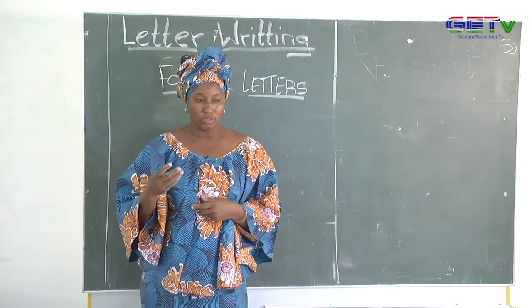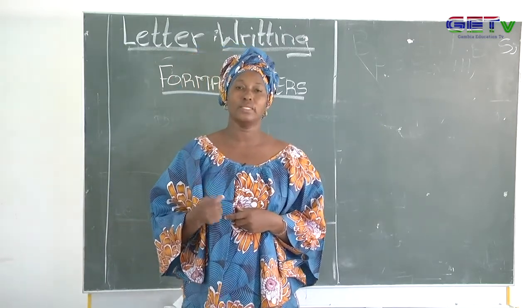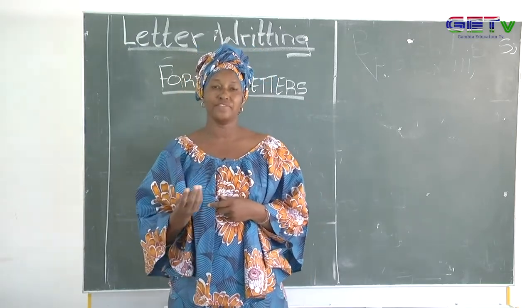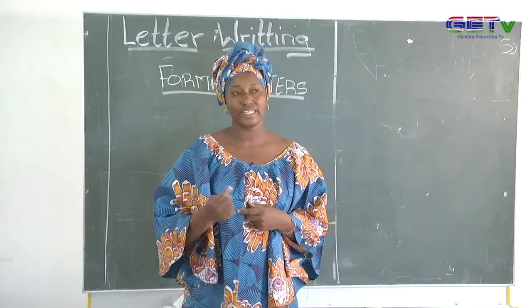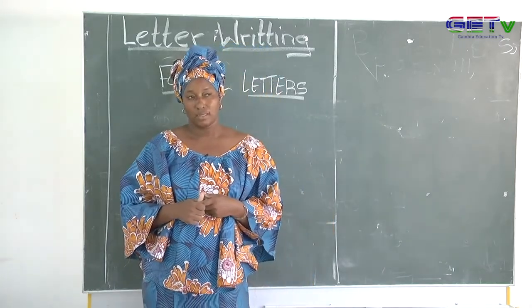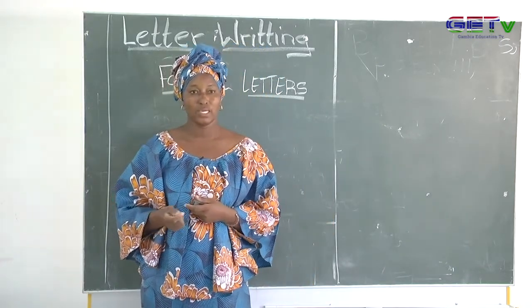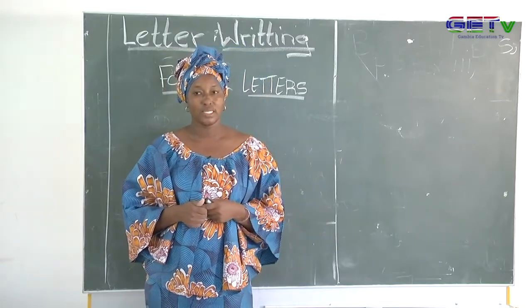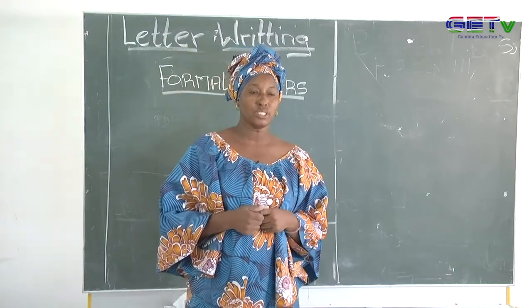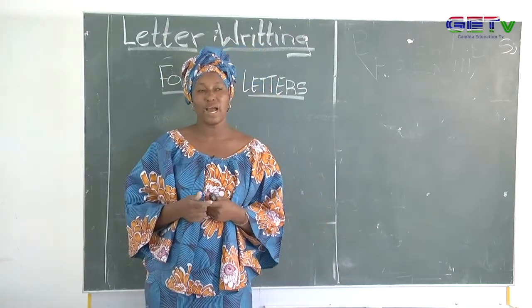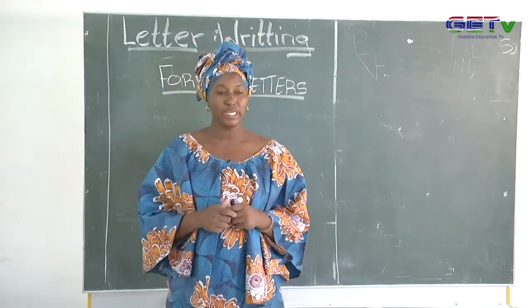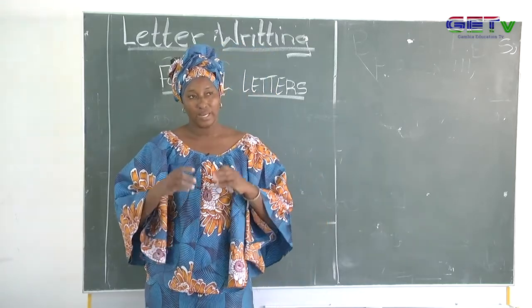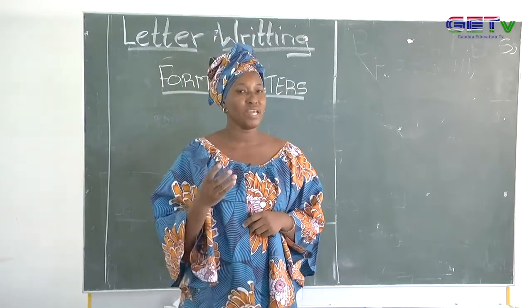We also did an activity where we were trying to identify parts of the letter. And the parts were the address, the date, salutations, opening remarks, the main body that could be put into paragraphs, and then you have the conclusion and subscriptions.